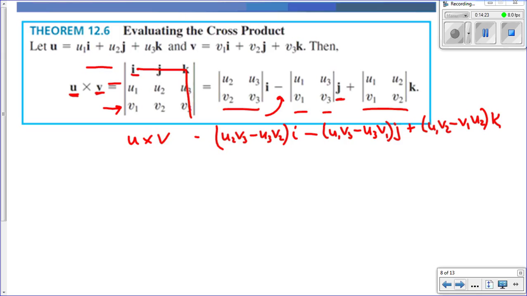So you took ijk times those determinants that are left when you mark out the row and the column. And remember, evaluating a 2 by 2 determinant, you multiply down the diagonal minus what you get going up the other diagonal. And that's exactly what we got doing it the long way using the ijk form of those vectors.